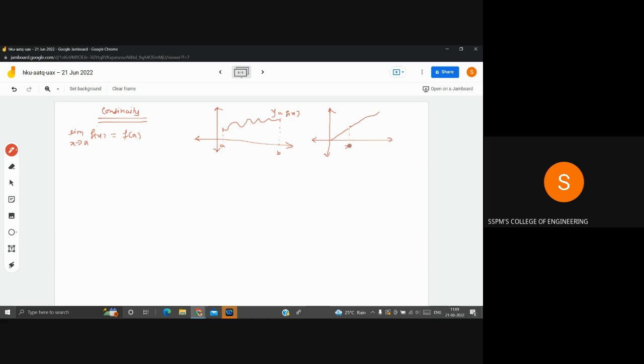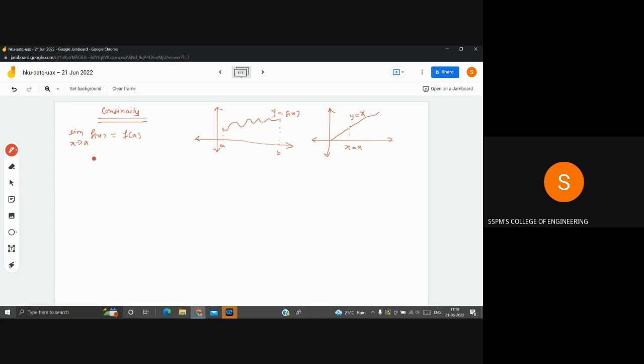Will you say the line y is equal to x is continuous? No. There is a break at point x is a. It means the line is discontinuous at x is a. If it is continuous, there is no gap in this graph and the values of the function are obtained continuously, it means that it is a continuous function.